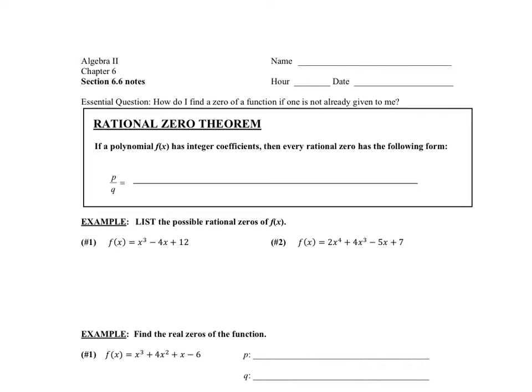It's going to be in the form of P over Q, where P is a factor of the constant term. And just a reminder that the constant term is the term with no variable.